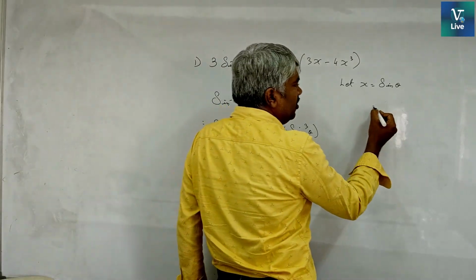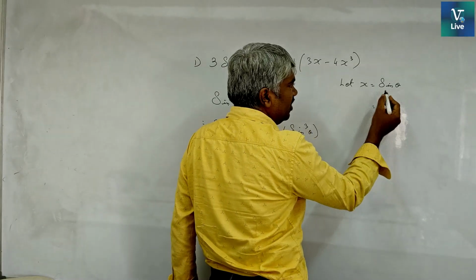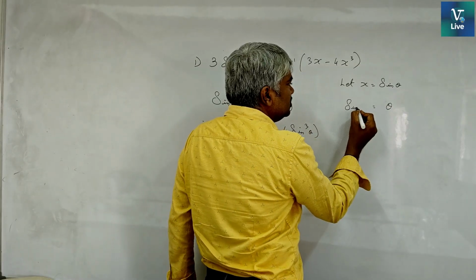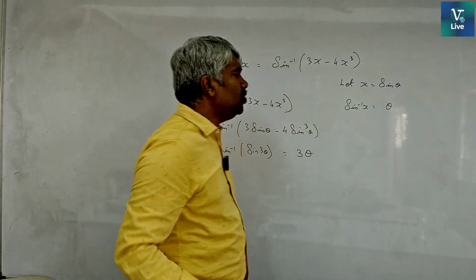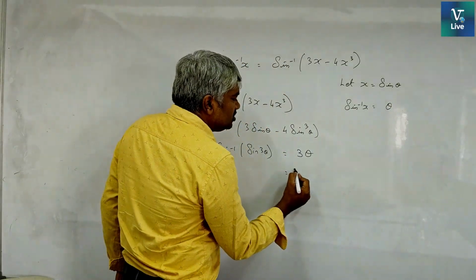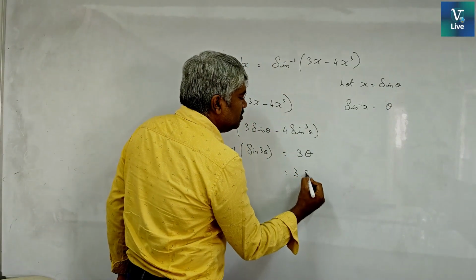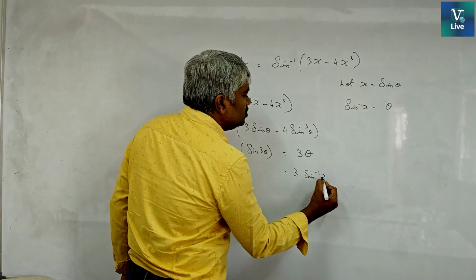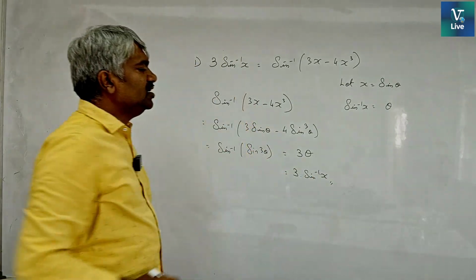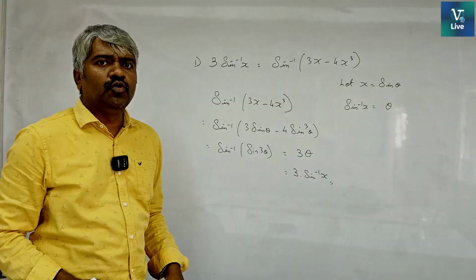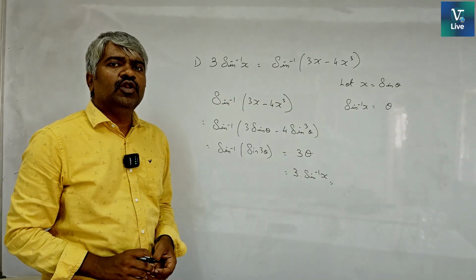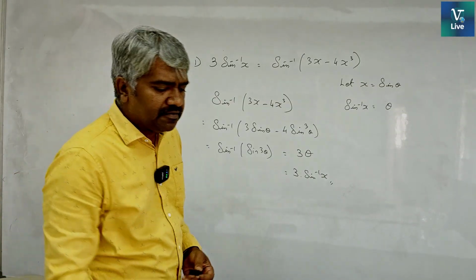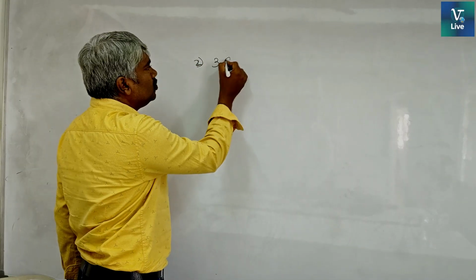We need to derive the value of theta from this assumption. So sine inverse of x is equal to theta. So substitute the value of theta over here, which is 3 into sine inverse of x. So hence proved. Now we look into the second question, question number 2.